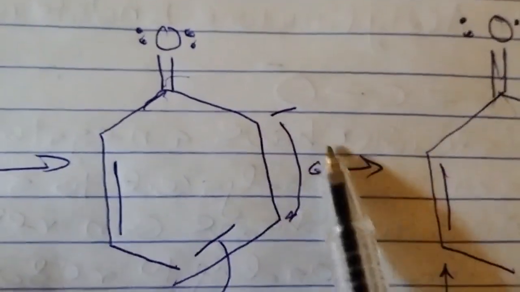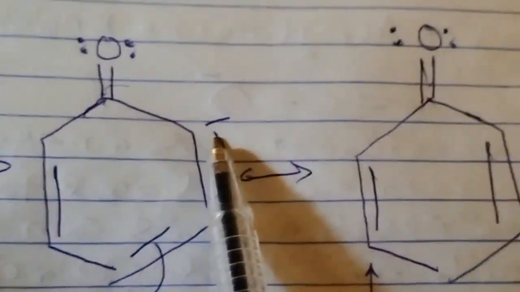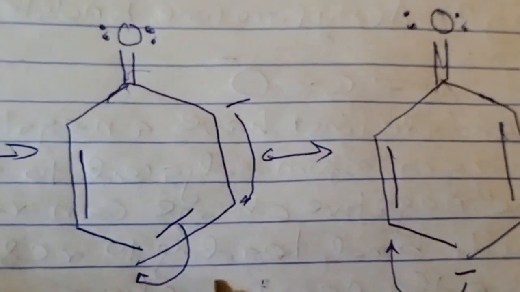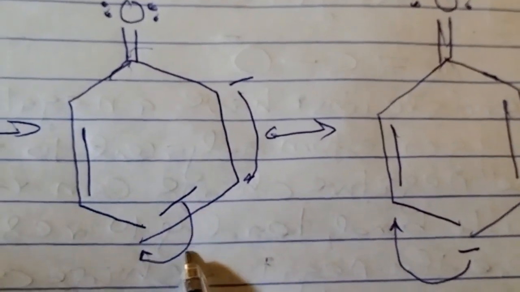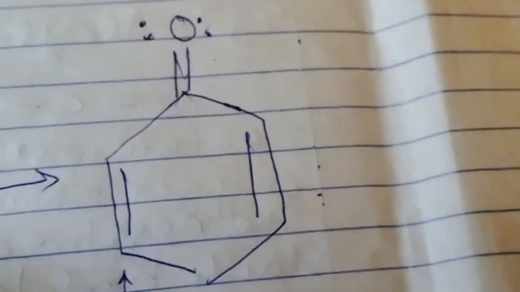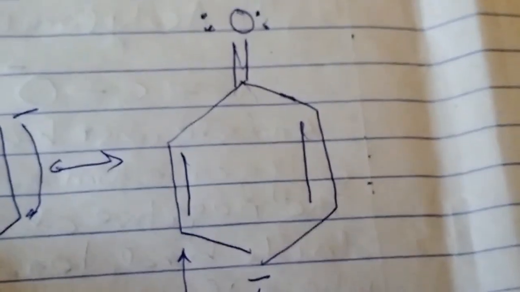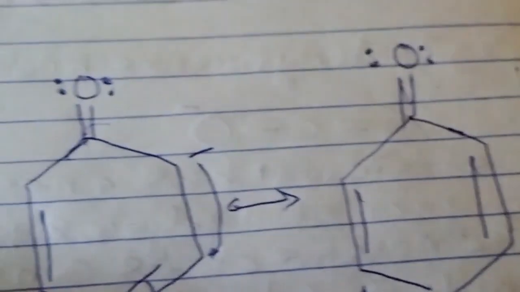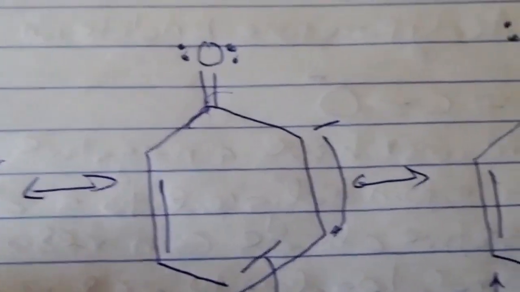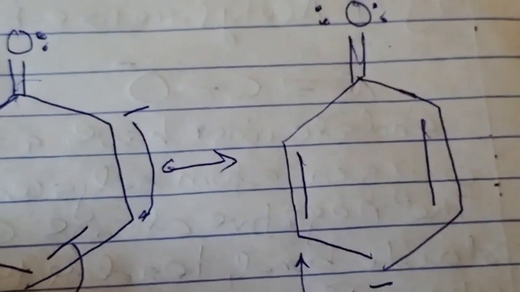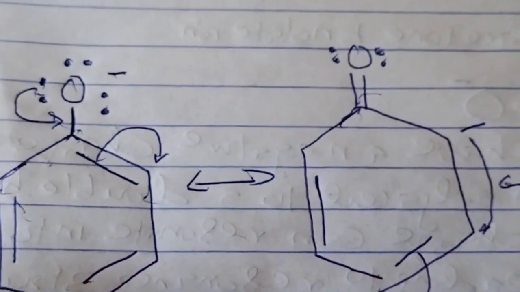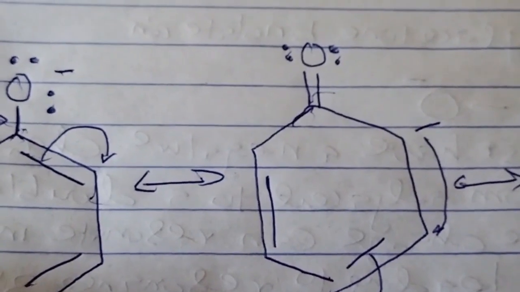You can see the difference. This one also can shift and move to this bond here, while this pi bond will also shift to form a negative ion on the adjacent carbon atom. So you see that the negative charge is being delocalized from oxygen to adjacent or nearby carbon atoms, showing that the phenoxide ion can be stabilized by shifting the negative charge from one atom to the other.